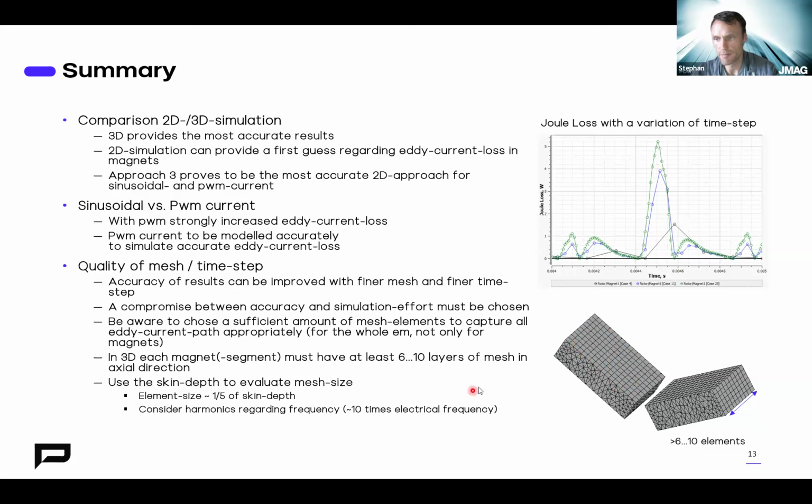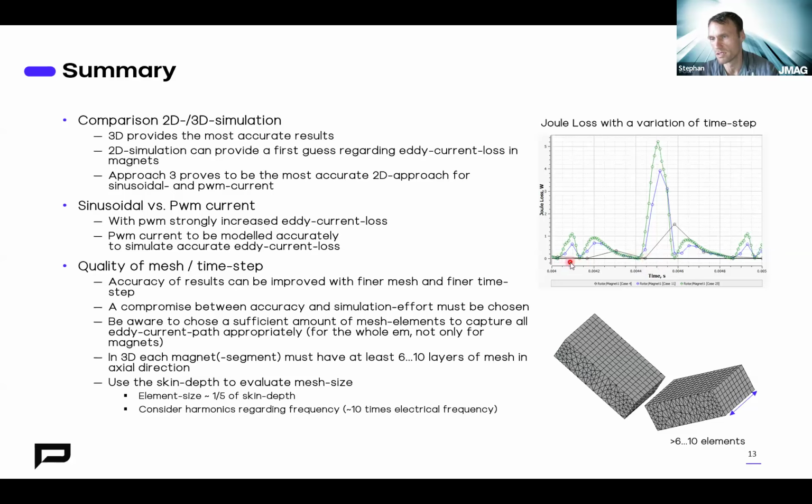And regarding time step, here on the top, I've added an exemplary picture of the joule losses in one magnet over time for the PWM supply. This is mainly to show the influence of the time step and what is the result afterwards for the joule loss in one magnet.